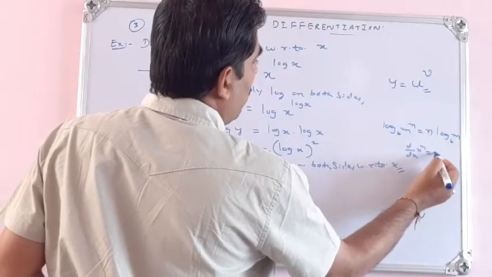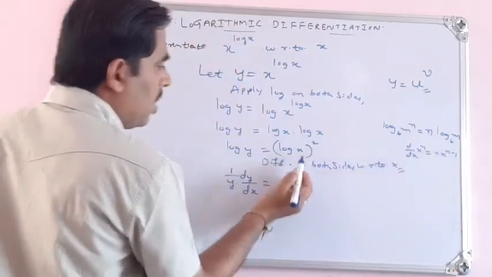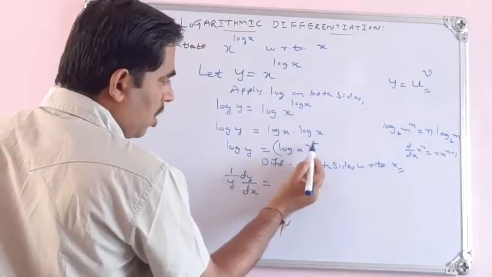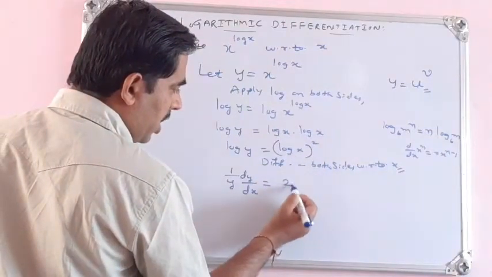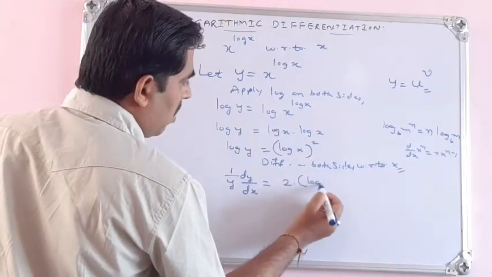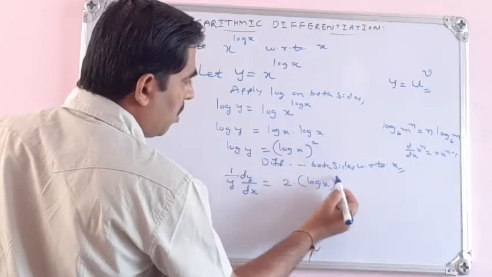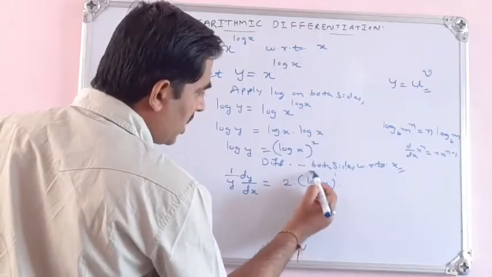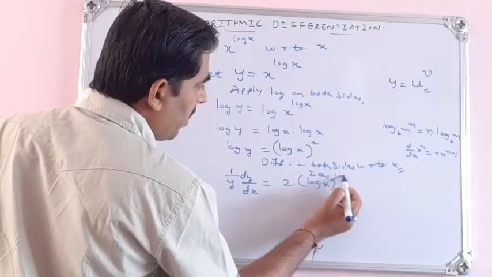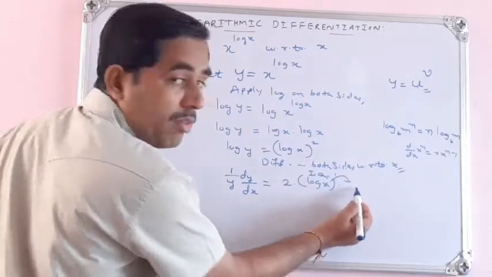The derivative of x to the power of n is n into x to the power of n minus 1. So you treat this as x and the power is 2. So it is 2 into log x to the power of 2 minus 1, that is 1 only, into the derivative of the inner quantity, by chain rule, the derivative of log x.